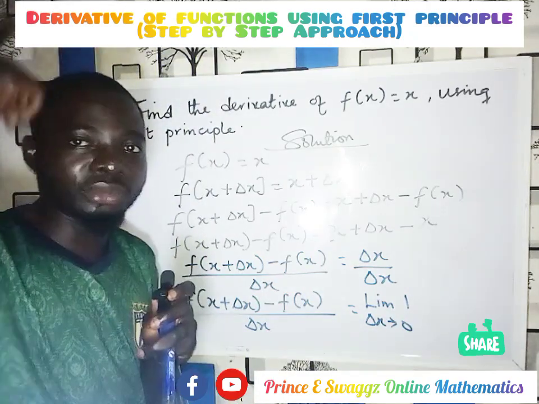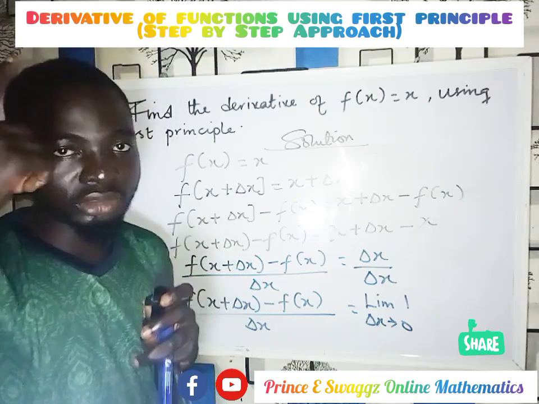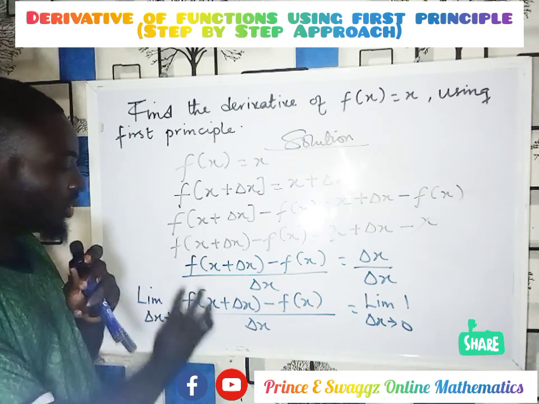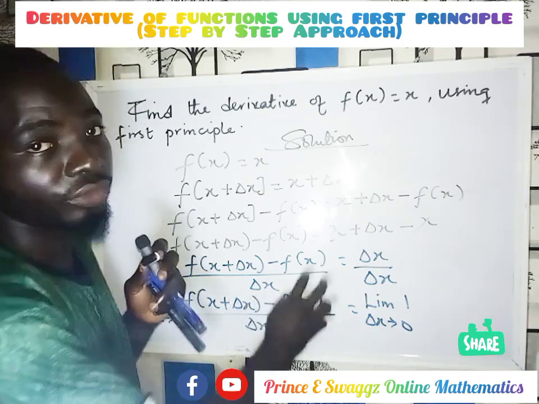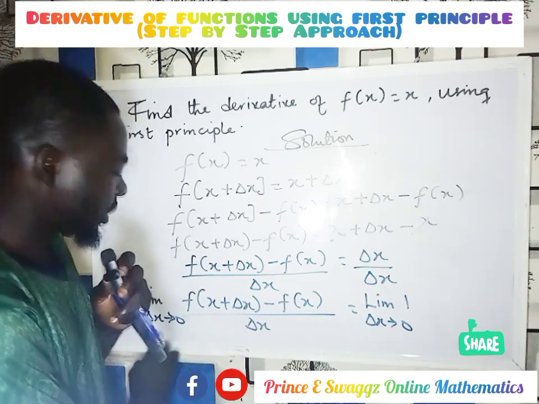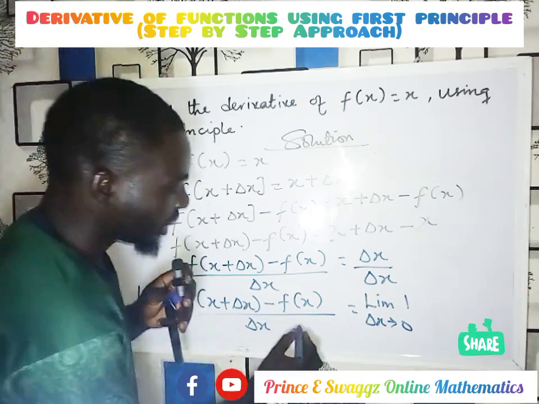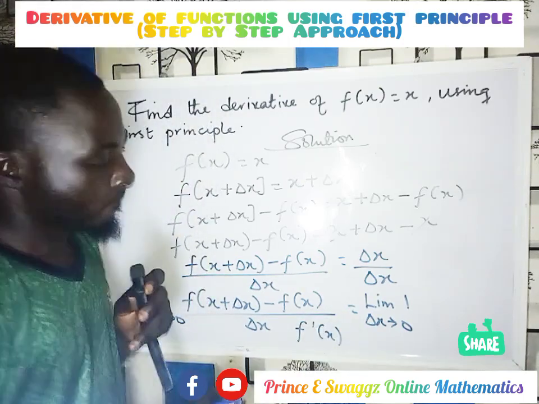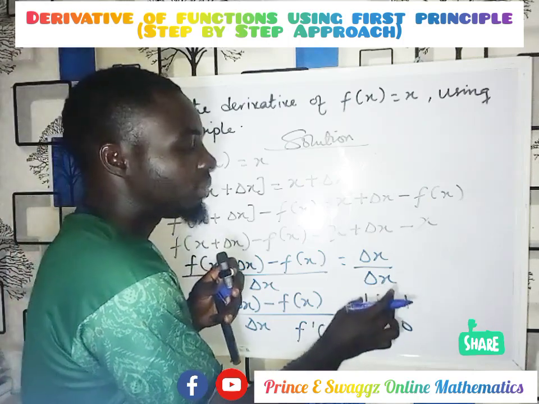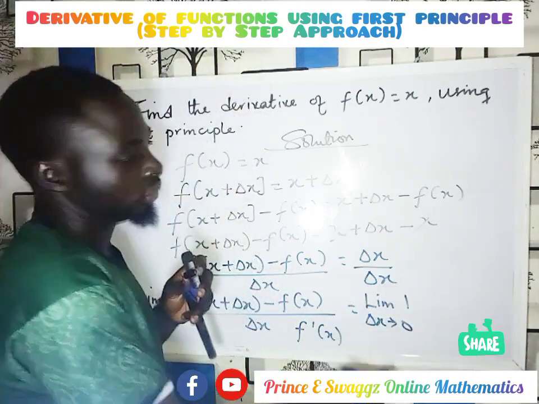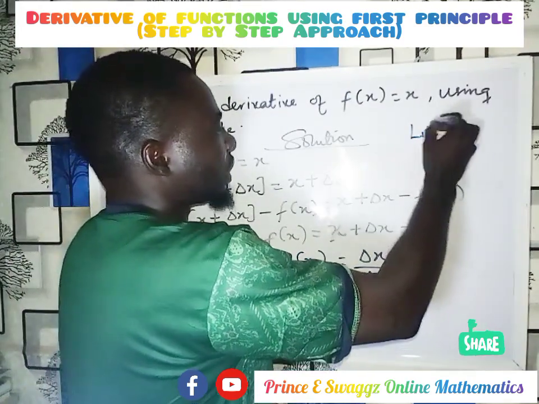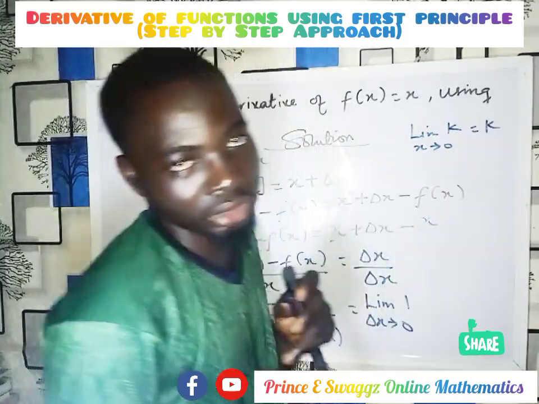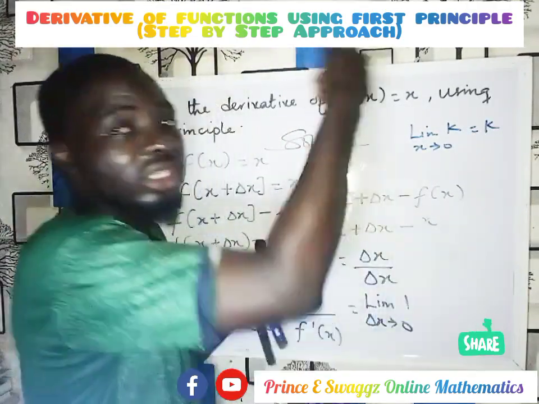From what I explained at the beginning, the limit of this whole function, the limit of f of x plus delta x minus f of x, all divided by delta x, as delta x tends to 0, gives us f prime of x. That is the fact. Then the limit of 1 as delta x tends to 0: don't forget I said the limit of a constant is still k back. The 1 here represents k, a constant.